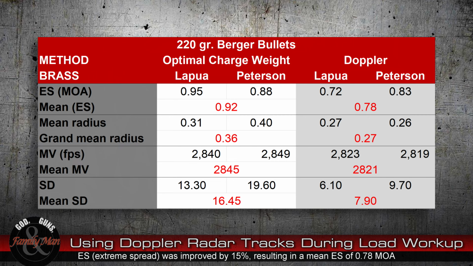Starting near the top, we're looking at the extreme spread of those 5-shot groups measured in MOA, and what we're seeing there is that the mean extreme spread has been improved by about 15%.